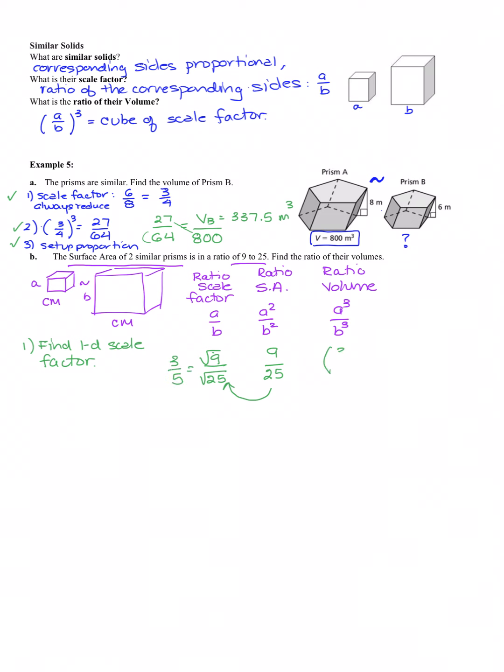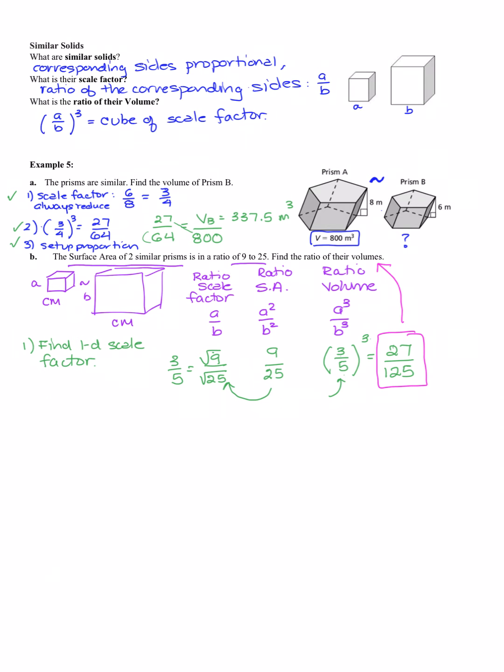And so to find the ratio of the volume, you always want to use the scale factor of just the 1 dimension, not the ratio of the surface area. And we cube it. So that's going to be 3 cubed, which is 27, over 5 cubed is 125. That is going to be the ratio of their volumes.